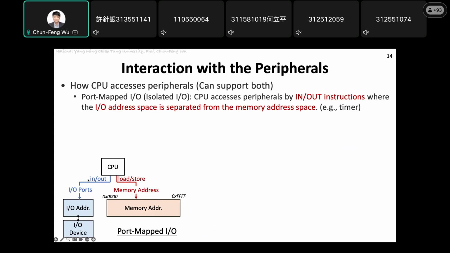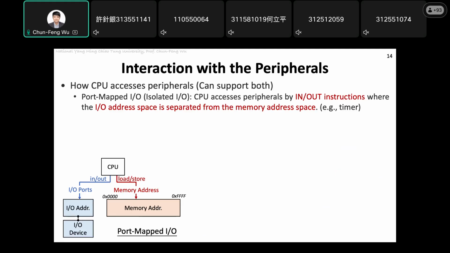But in and out is another set of instructions. The CPU needs to support in and out instructions to access the IO device in a different address space. Usually this is used for low bandwidth devices like timers and interrupt controllers.